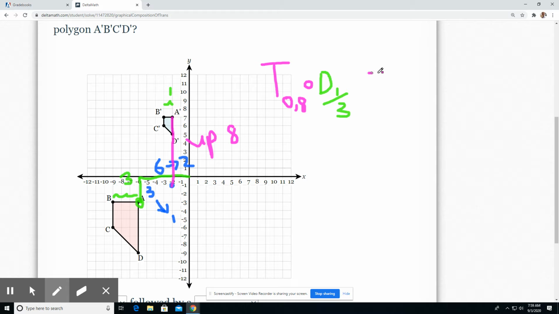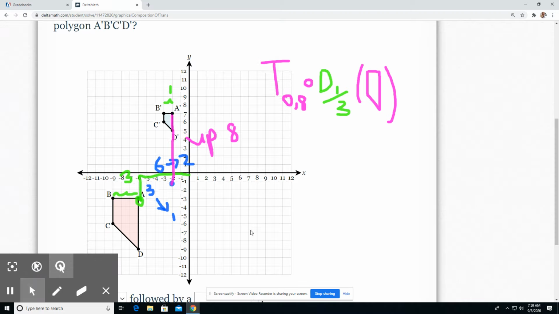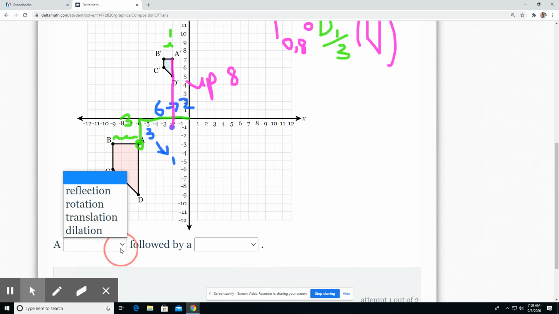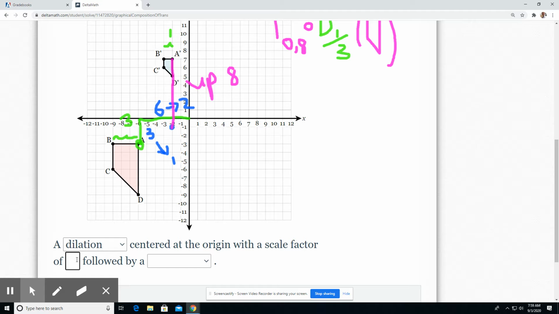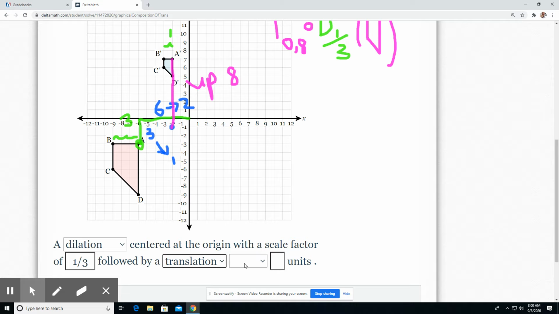And our shape, so all the points would follow that movement here. So first I would dilate by 1/3, then I would translate up 8. Let's see how we did. So I did a dilation of 1 divided by 3 on this one, followed by a translation of up 8.